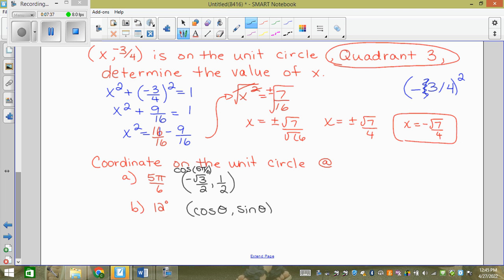And this is the answer to sine 5 pi over 6, right? We were asked about those yesterday. So remember your coordinate is always cos then sine. We agree? So for this one, instead of it being cos of 5 pi over 6 and sine of 5 pi over 6, this one's going to be cos of 12 and sine of 12. And then they usually do 3 decimal places or something like that.